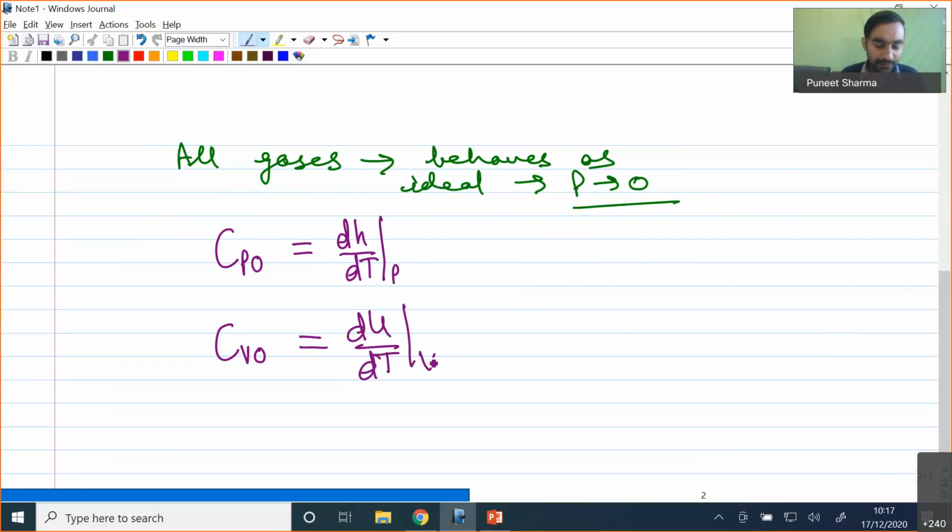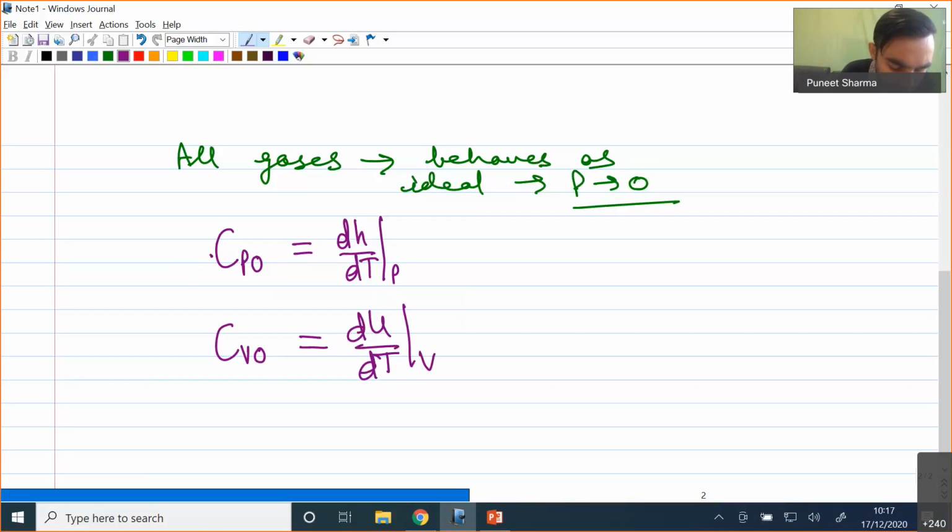If Cp0 and Cv0 are written, it clearly means we are referring to the specific heat of gases taken when our pressure is tending to zero, where the gas will behave as an ideal gas only.